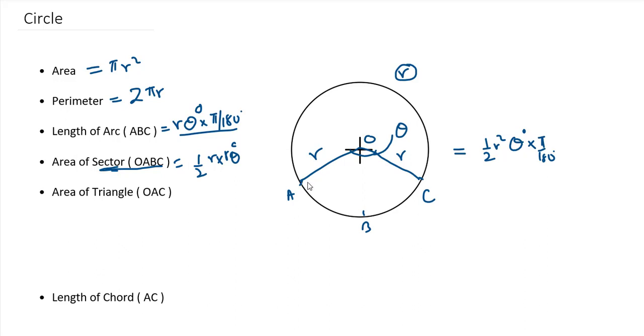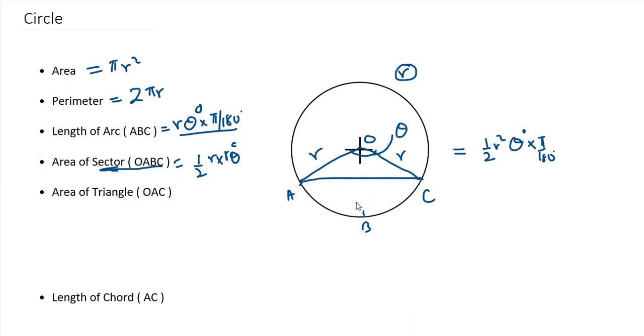Now if I join this point AC, that is the endpoint of this arc AC, and drop a perpendicular from the center of the circle. If I join the endpoints of this arc AC, what we get is called a chord.